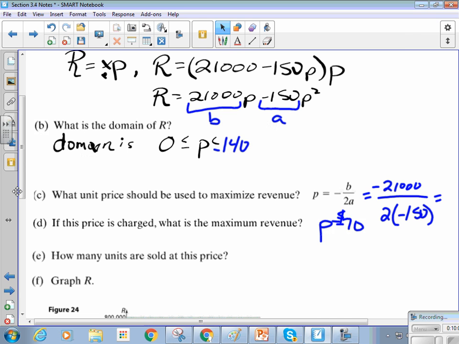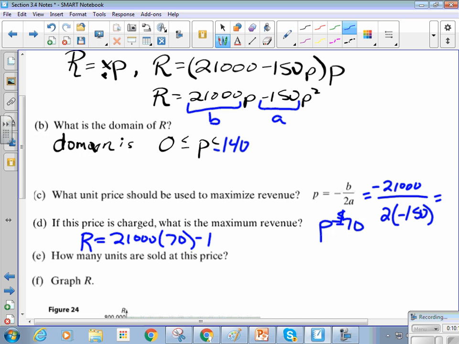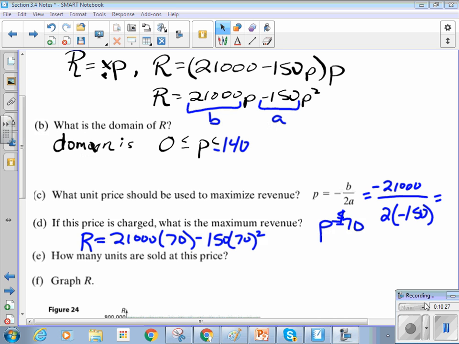If this price is charged, what is the maximum revenue? So let's go ahead, take our P of 70, plug it into our revenue function, and just like on a good cooking show, I will magically get it out of the oven.